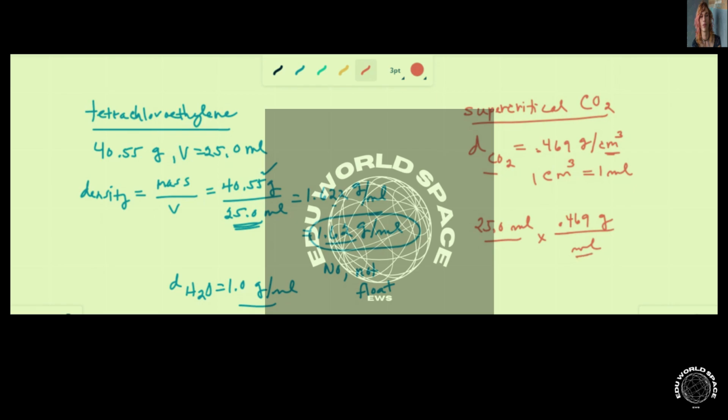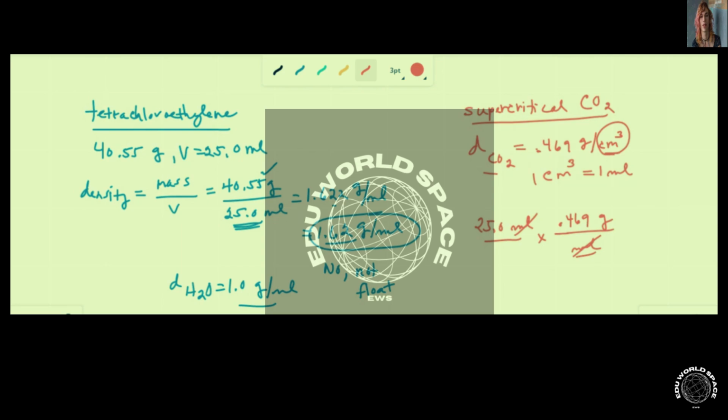And again, instead of cubic centimeters here, we're going to turn this density into 0.469 grams per milliliter. Our units are the same as the volume that's provided here.